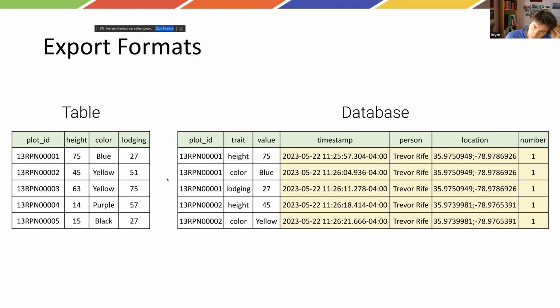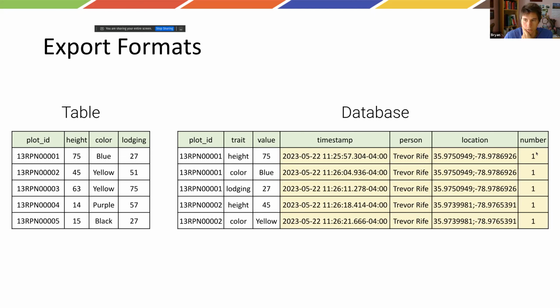Database, by necessity, is like a long format. That's because it includes a bunch of metadata for each observation, the timestamp, the collector. If you have location turned on, it will also include location and number.